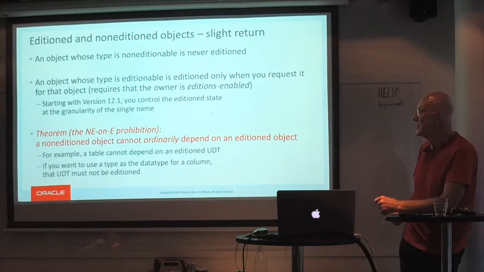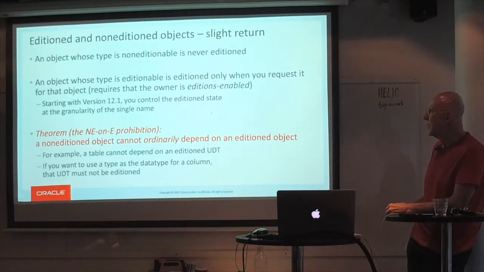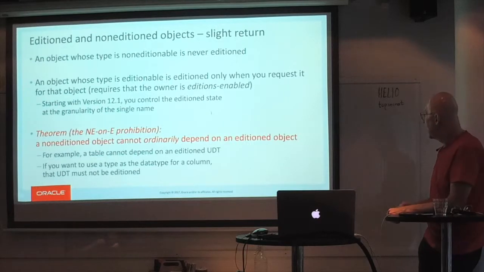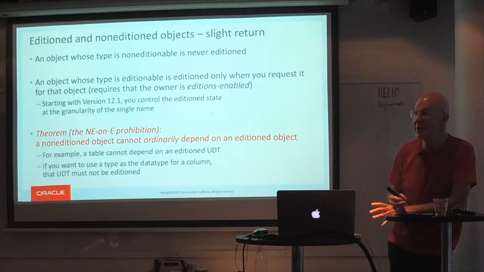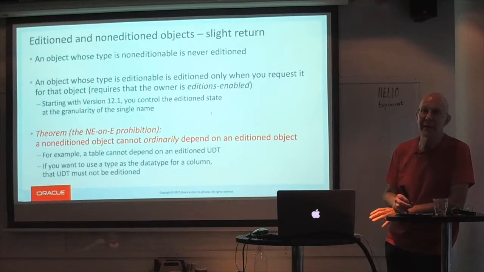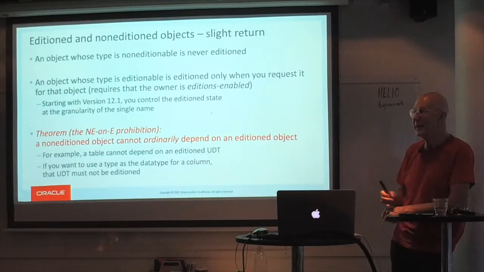The prohibition that says a non-editioned object cannot depend on an editioned object. And to save me repeating that long load of words every time, we call it the NE on E prohibition. Yes, it is prohibited to have an NE on an E: a non-editioned object depending statically on an editioned object.